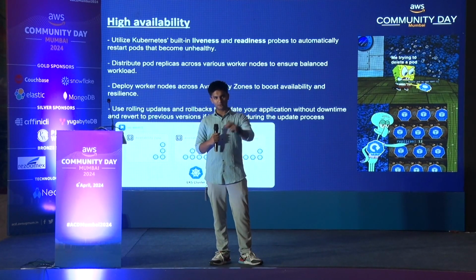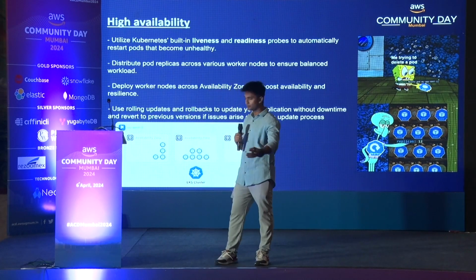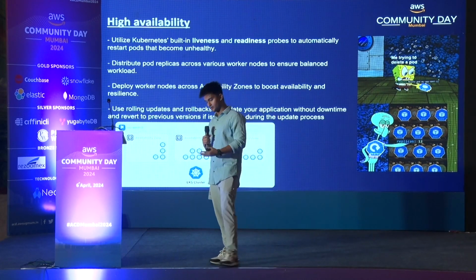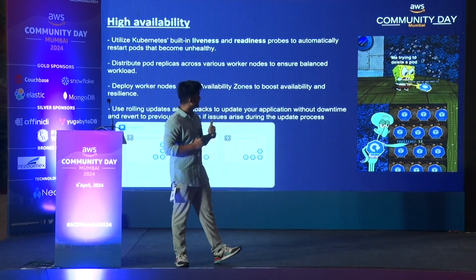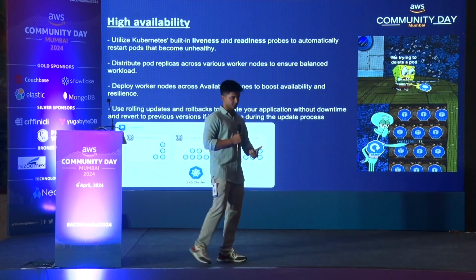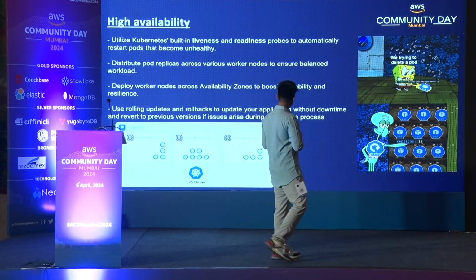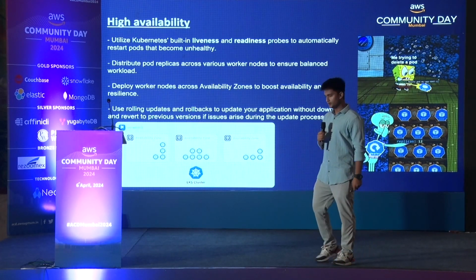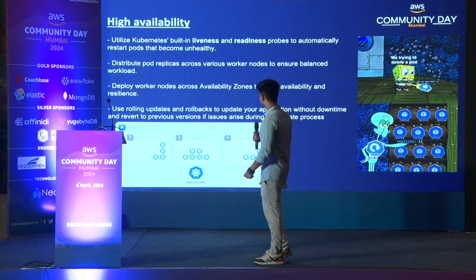So you need to add a probe saying that this application should be running on port 80 and it should show me this. If it is not showing, don't put the traffic on that pod. So you could add this so that every time your application is not healthy, it will delete it and create a new pod for you. I highly recommend adding that if you don't want your customers to see 502 or 404 errors, right?